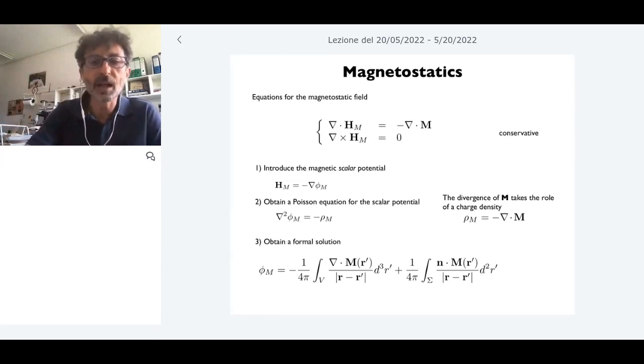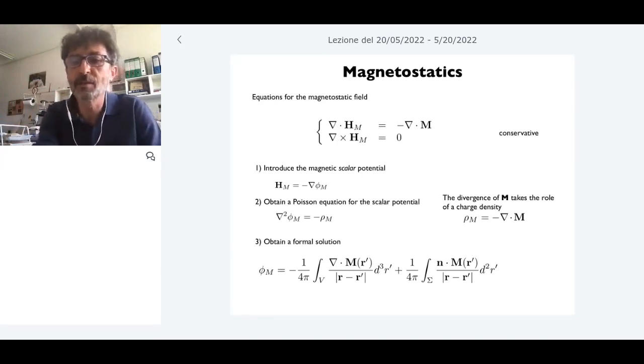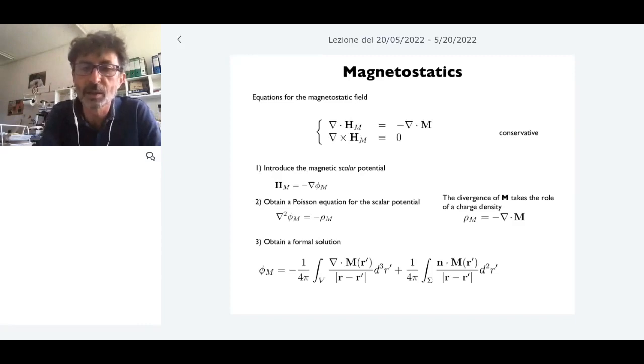We have no currents. All the sources have been put into the magnetization. Then we can do a lot of very interesting things. So, for example, as the curl of H_M is equal to 0, we can introduce a scalar potential exactly in the same way we do with the electric field.